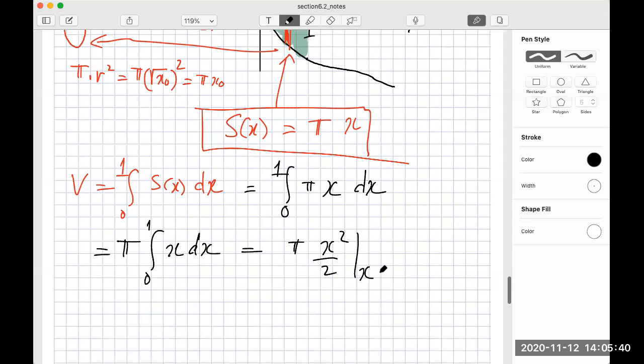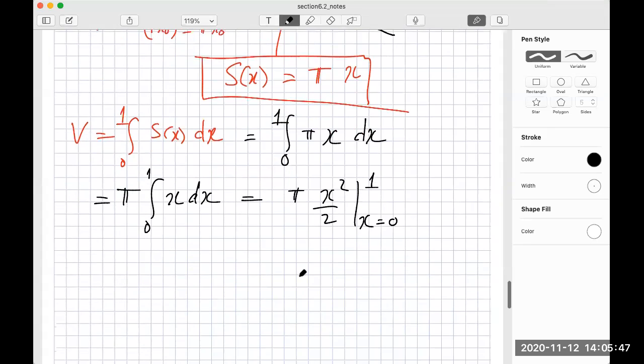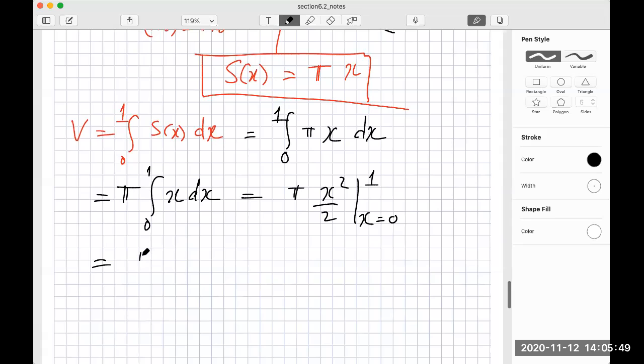And running from x is equal to 0 to 1, right? So it would be pi over 2. Very good. Okay, that's it.